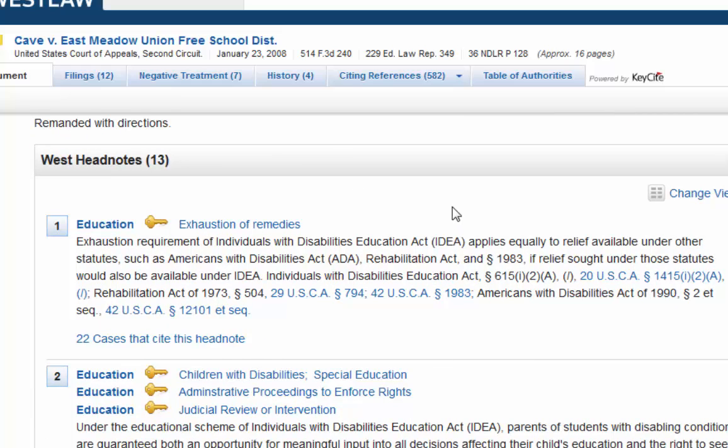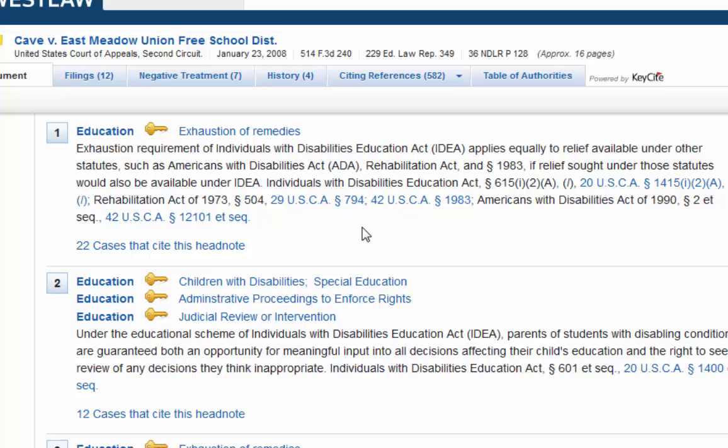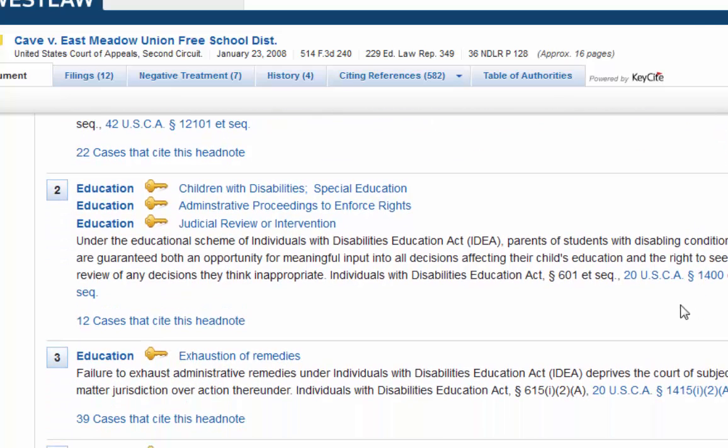So if you saw the print version of this case, this would not be included. This is added information that West provides. It gives you the various aspects of law that are pertinent to the case. So it's telling you which statutes are affecting the decisions here.